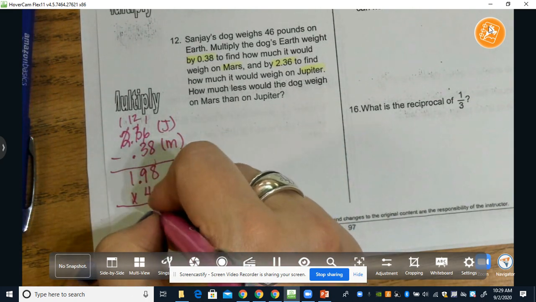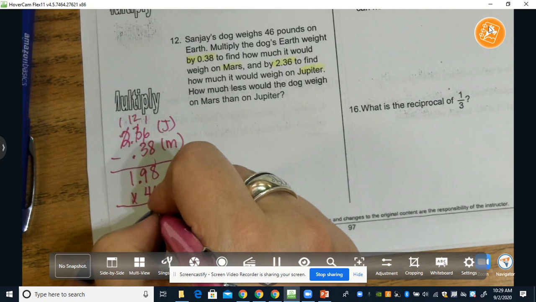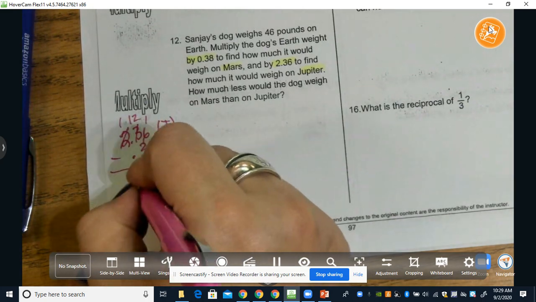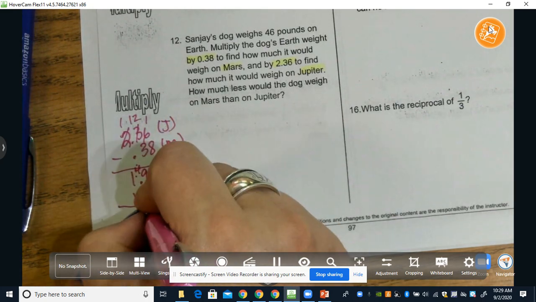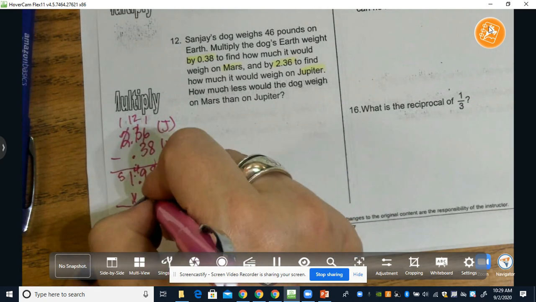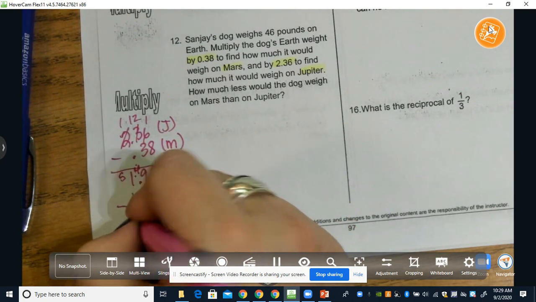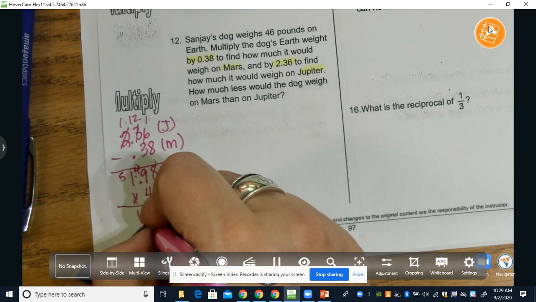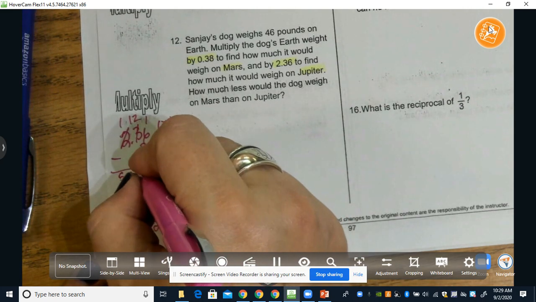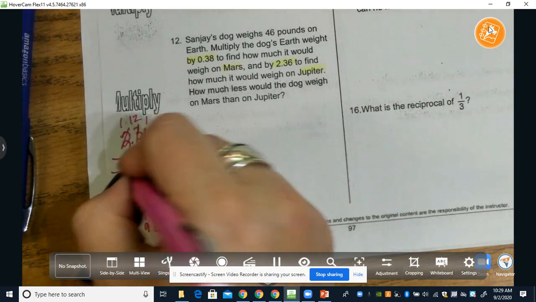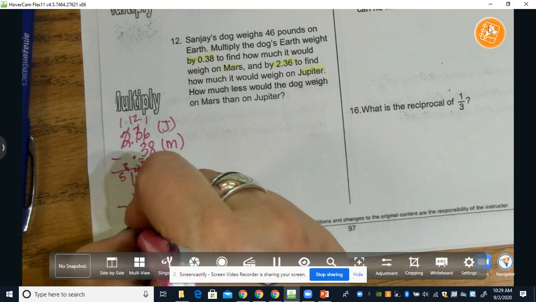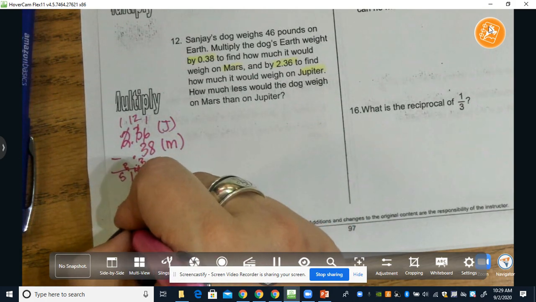So 6 times 8 gives me 8, 4, 54, 55, 56, 57, 58. 8, carry a 5. 6 and 5, 1, 1. Drop my 0, 32. 9, 3, 4, 5, 6, 7. Okay, and I'm going to add them.